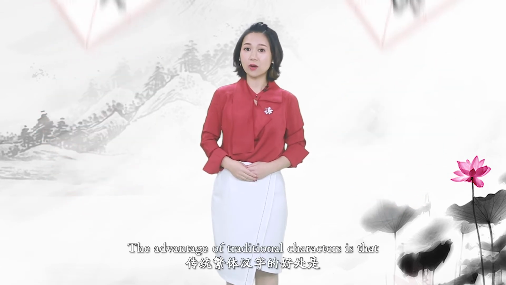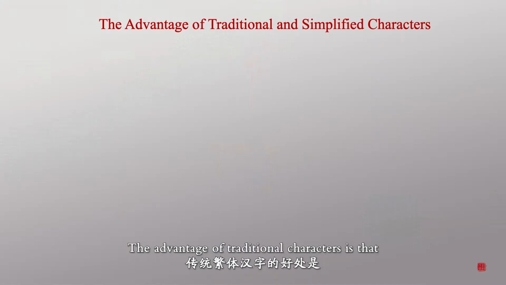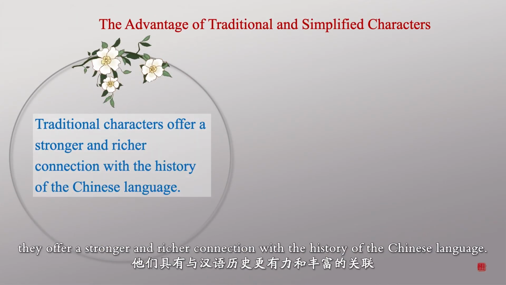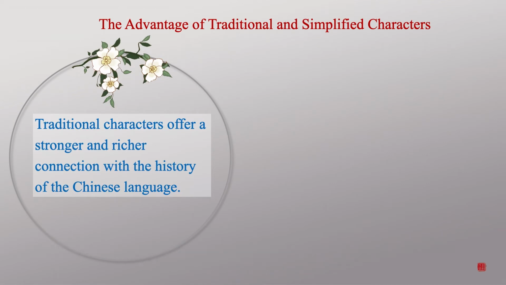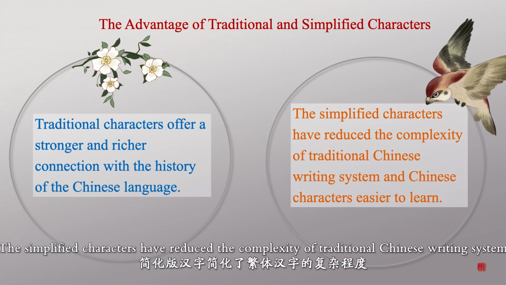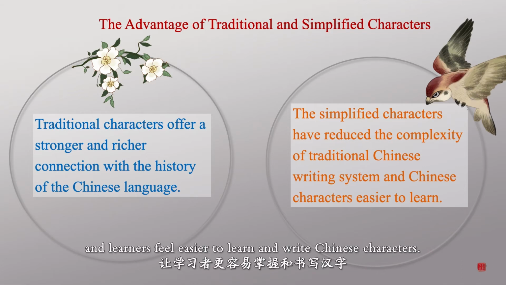The advantage of traditional characters is that they offer a stronger and richer connection with the history of the Chinese language. The simplified characters have reduced the complexity of the traditional Chinese writing system, and learners feel it easier to learn and write Chinese characters.